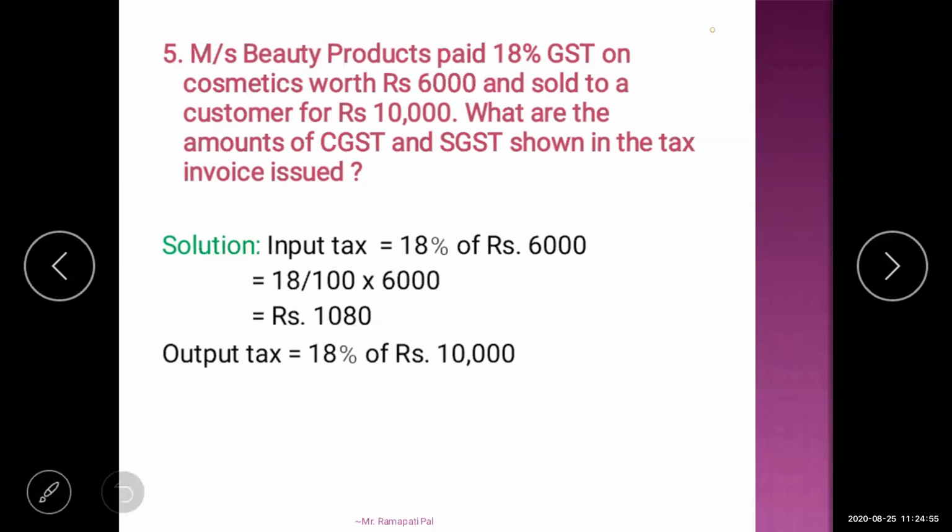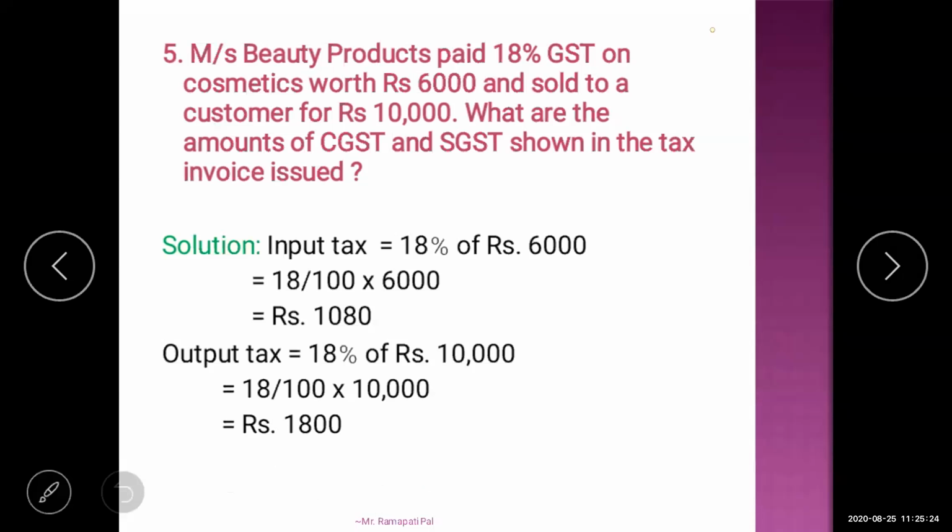The zeros cancel, so what will remain is 18 into 100, which is 1,800. So we know the input tax, and we know the output tax.